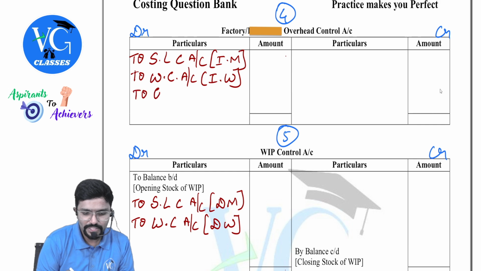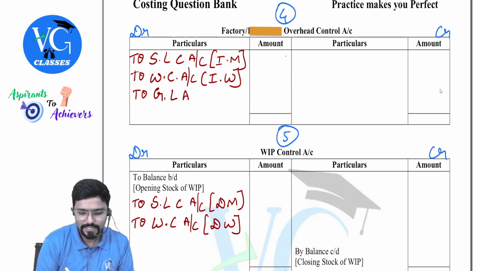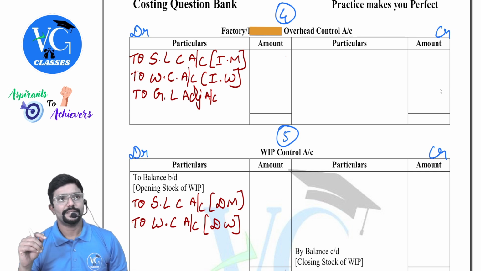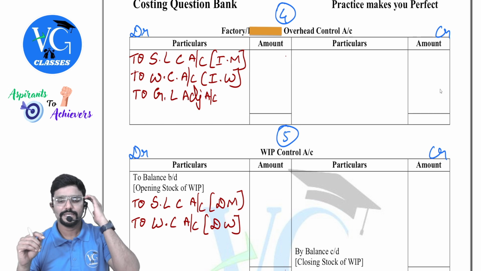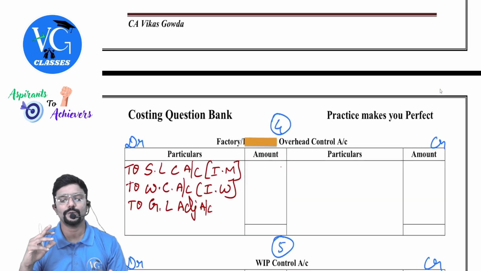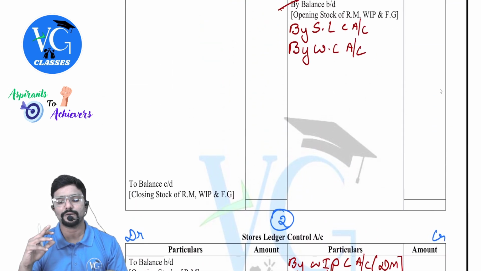To general ledger adjustment account. For factory overhead incurred. Now come to general ledger adjustment account.